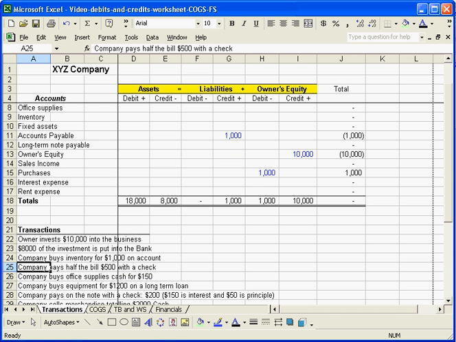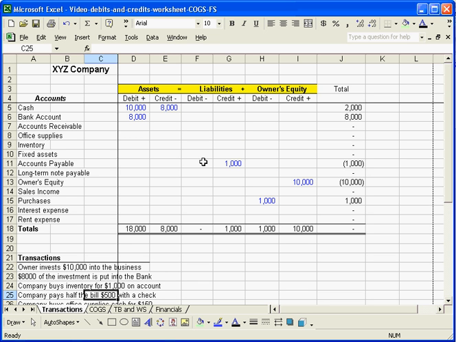Okay, let's go down to the next transaction. Over here it says the company pays half of the bill, $500 with a check. This is the purchases we just made. Now, the next day or a couple of days later, you, as the owner of the company, decide you're going to pay $500 with a check. So you're not going to owe $1,000 anymore.